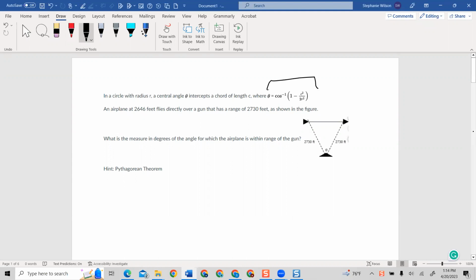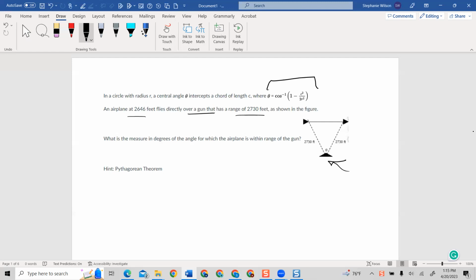All right. So it says an airplane that is 2,646 feet up flies directly over a gun. The gun has a range of 2,730 feet, as shown here in this diagram. What is the measure in degrees of the angle for which the airplane is within the range of the gun?